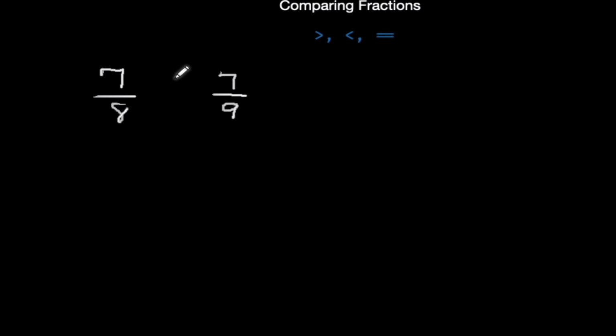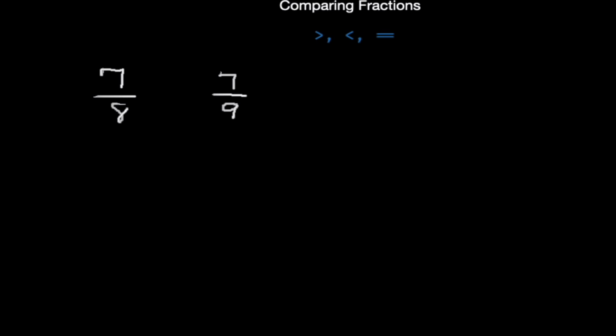And when you're comparing numerators that are the same and you have unlike denominators, the fraction with the smaller denominator will have a larger value, whereas the fraction with the larger denominator will have a smaller value.